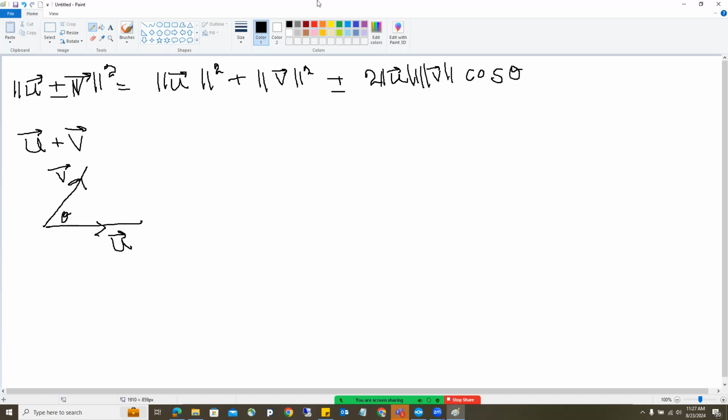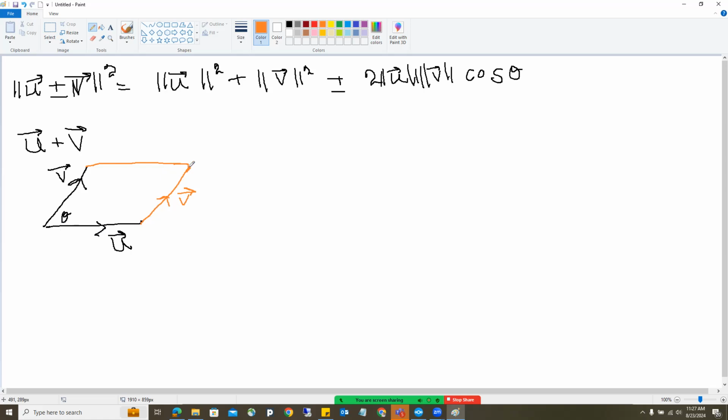Now, how do we prove this? We need to draw a parallelogram. First, we need to draw the entire parallelogram. Then this one is vector u, and this one is again vector v.